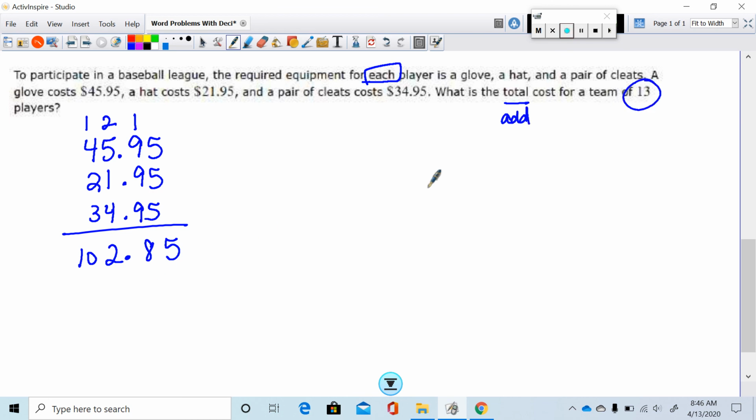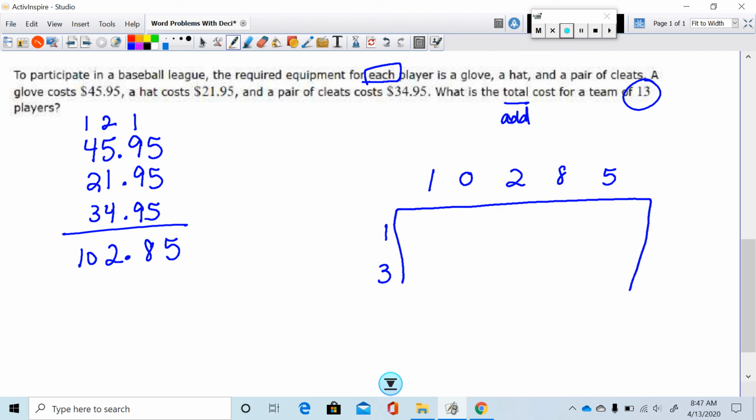Well, even though total means add, we can actually also multiply in this case. If we take $102.85, let me space out the 5 a little bit better than that, times 13. Now this is where I'm going to use the lattice multiplication because I do have more digits than just one.